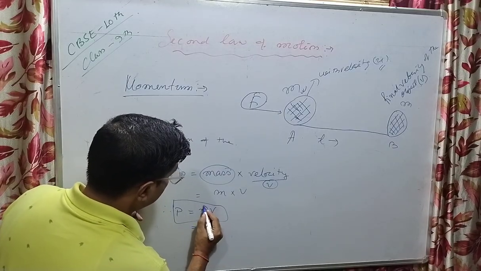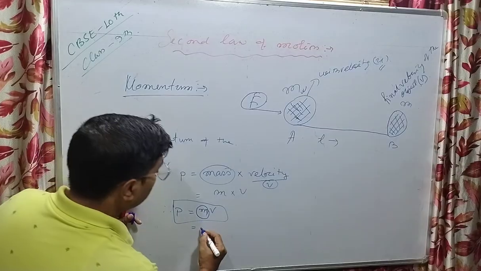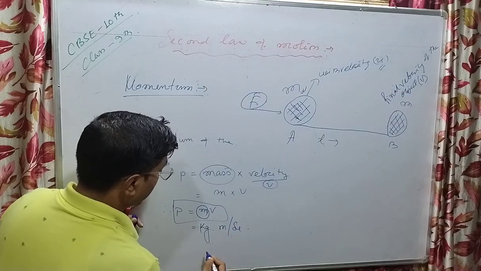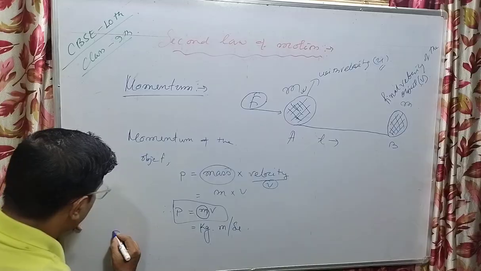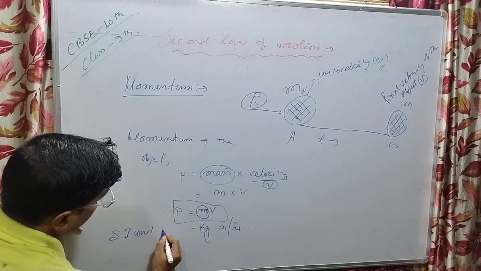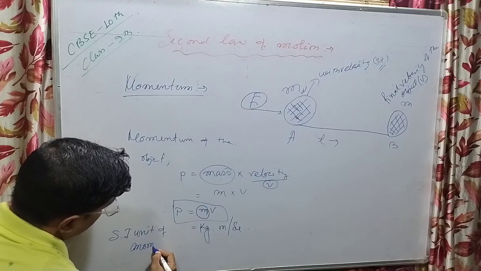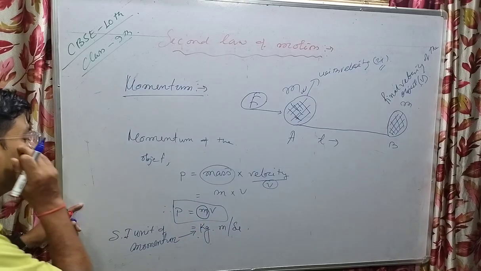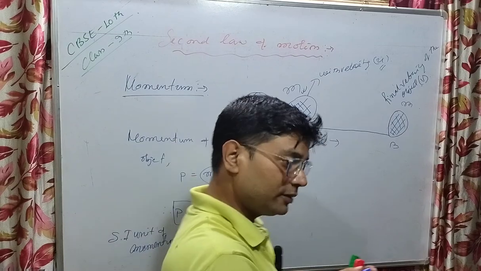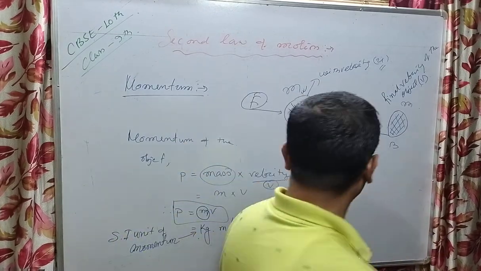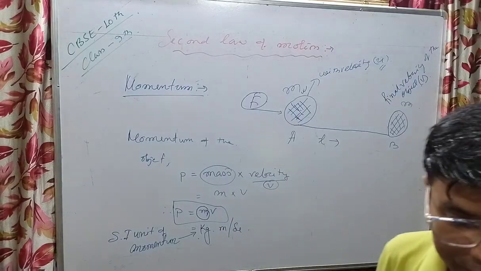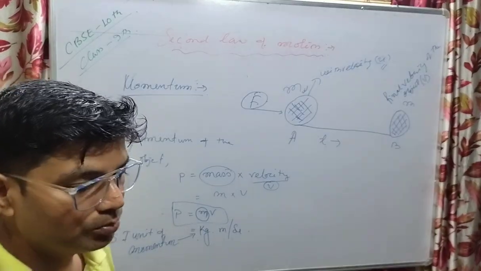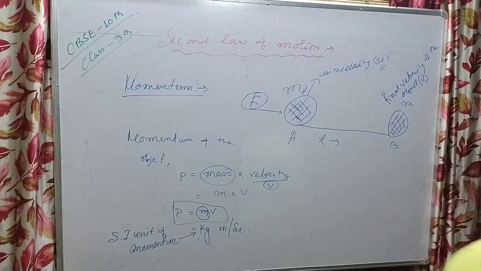The SI unit of mass is kg and the SI unit of velocity is meter per second.